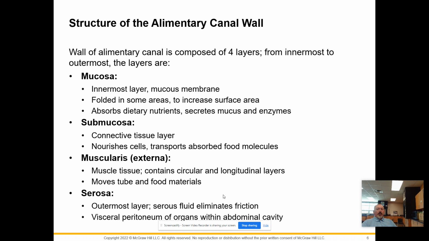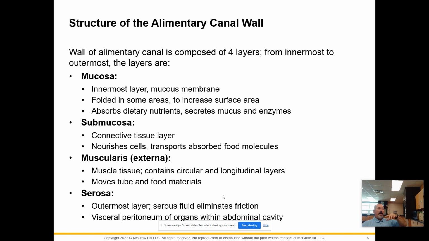So the wall of the alimentary canal is composed of 4 layers. Going from innermost to outermost, those layers are the mucosa, submucosa, muscularis, and the serosa. In the mucosal layer, you're going to have a mucous membrane, and it's going to have lots of folds on it. The folds within the digestive system are there to increase the amount of surface area because the nutrients will be absorbed through the surface.